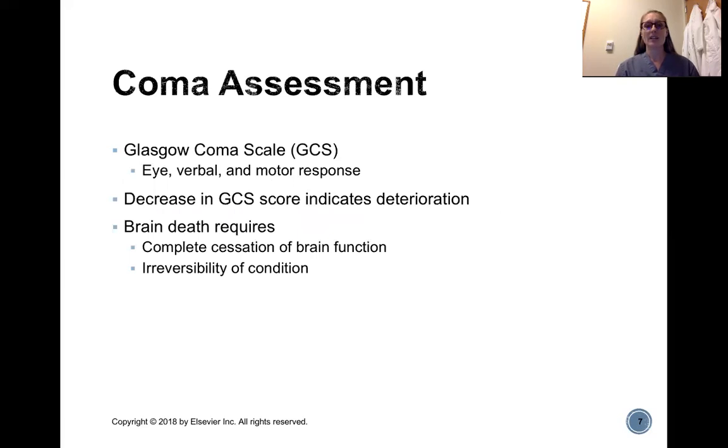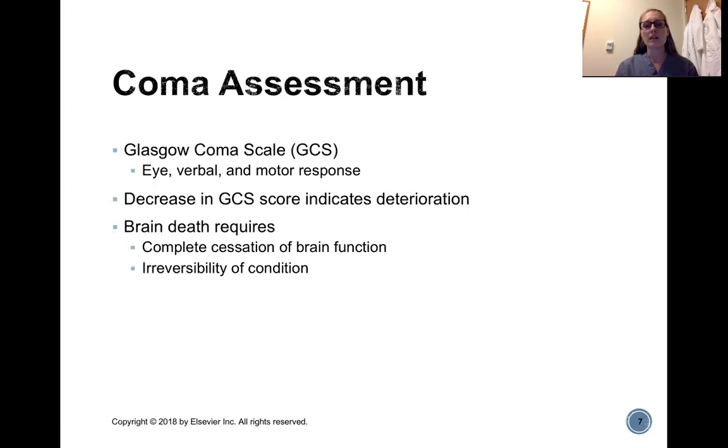So in the lethargic state, we're looking at a coma, and we have a couple different ways that we can assess comas in different scales. The Glasgow Coma Scale is the most common, and you should familiarize yourself with the scale and how to rate children on the scale.